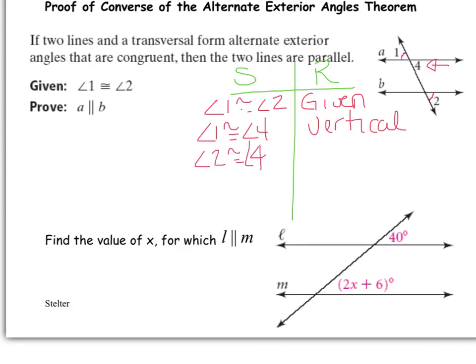And that's because of substitution. And then from there, see if you can come up with a relationship between 2 and 4. Their corresponding angles that you just showed were congruent. So now you would have enough information to say A is parallel to B because of converse of corresponding angles.